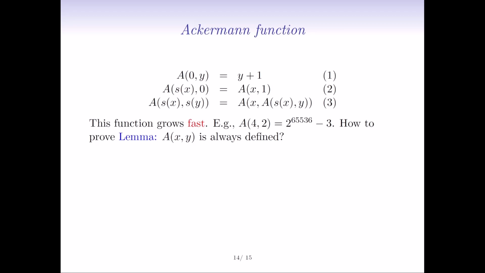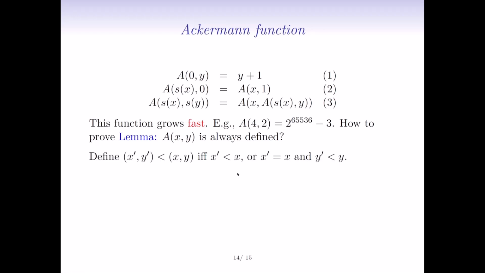So it's not completely obvious that A of x and y is always defined for any x and y just by this definition. You might generate a large sequence of recursive calls, and the fact that these numbers grow so large is exactly because applying A to arguments will generate a huge tree of recursive calls.